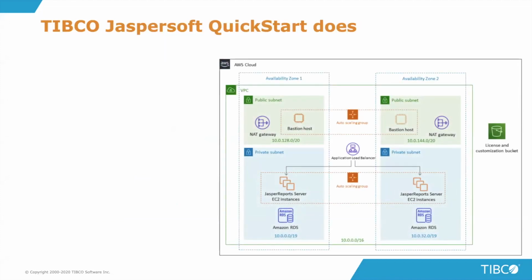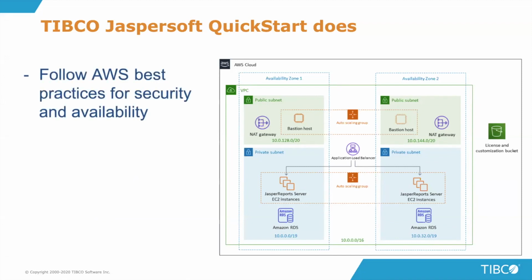Let's take a closer look at the architecture. I have here a diagram on the right side. I hope you can see it well. It represents the parts and pieces of the deployment. First of all, I would like to say that it follows AWS best practices for security and availability.